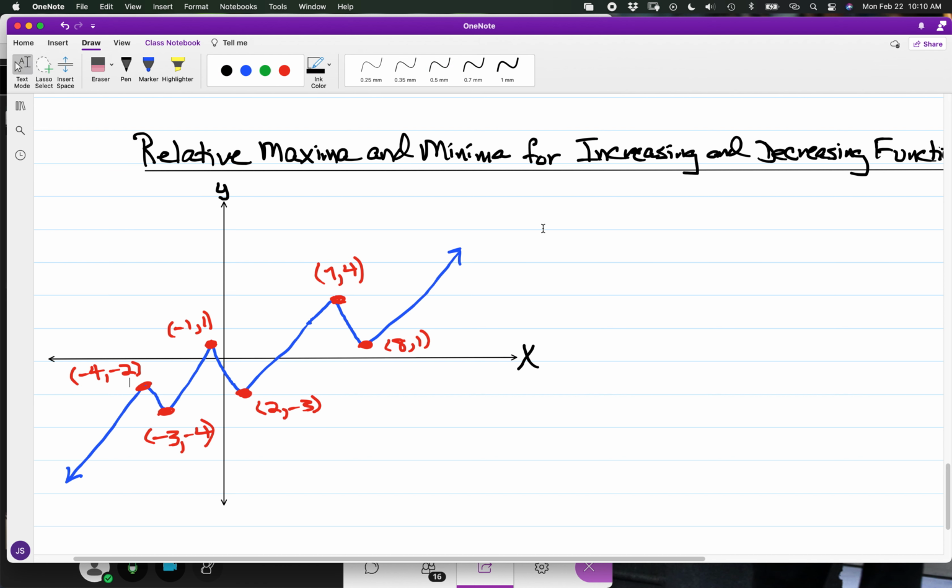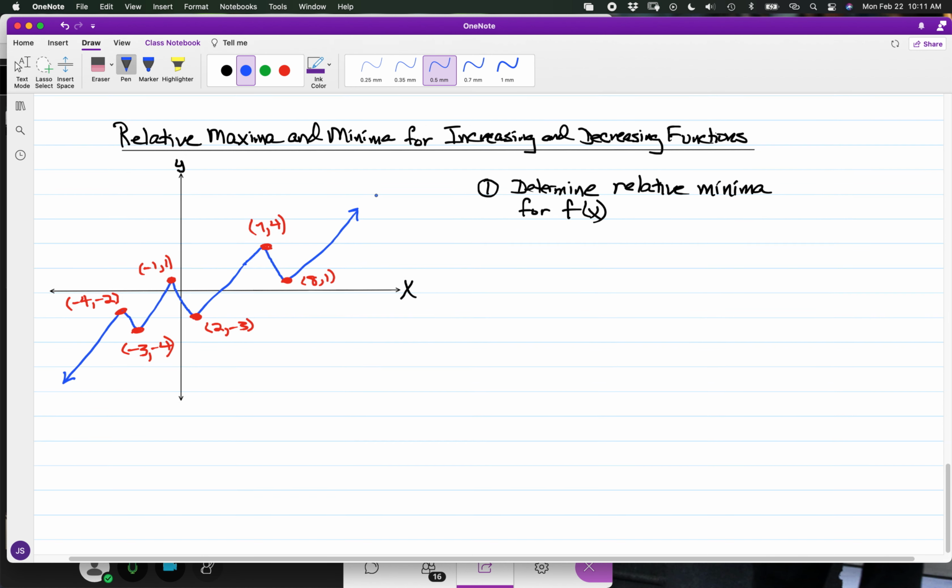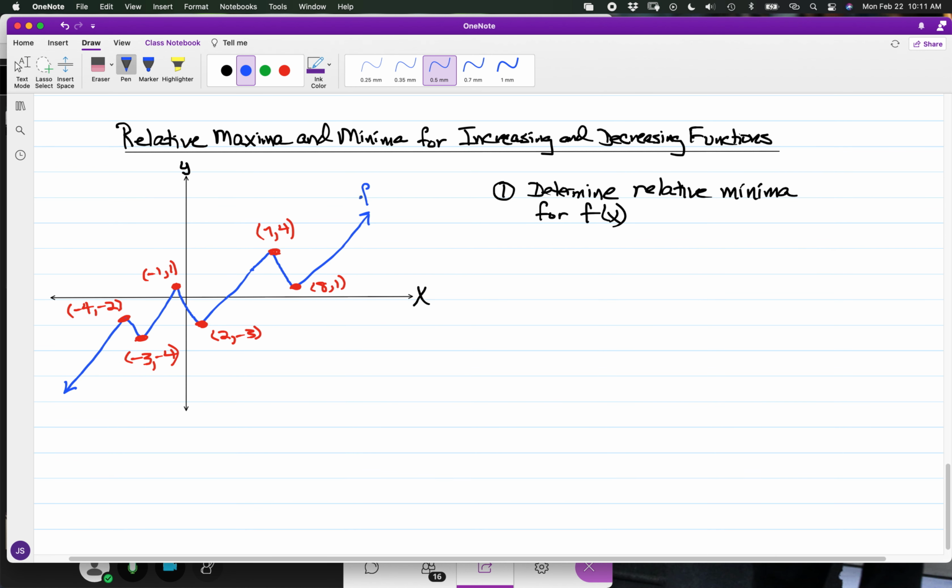First of all, if I were to determine the relative minimum for f of x, this graph in blue is what I have for f of x.